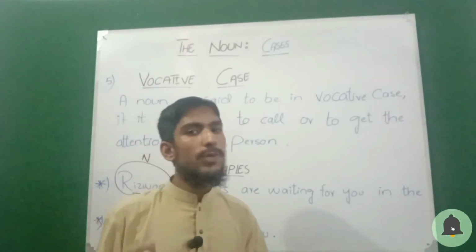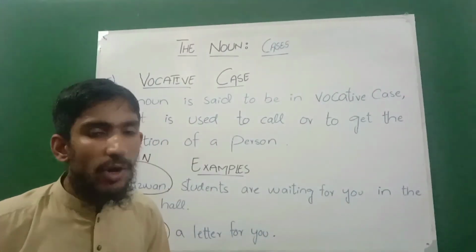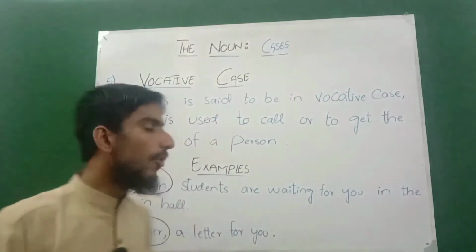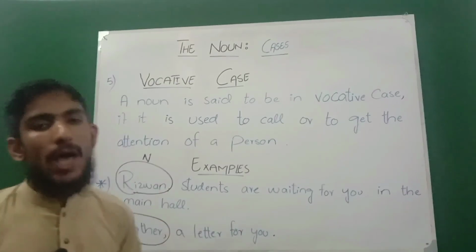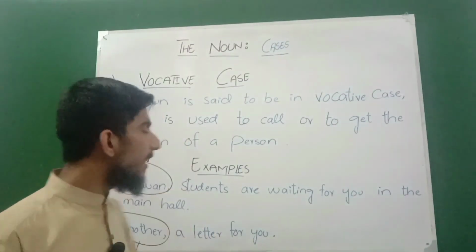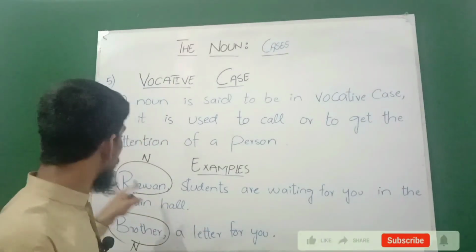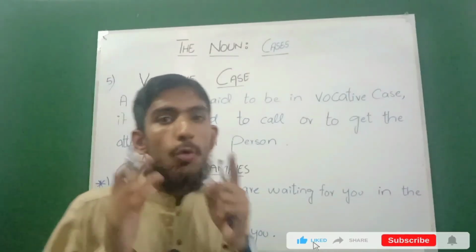So what is the vocative case? We have learned a noun is said to be in the vocative case if it is used to call or to get the attention of a person or a lot of persons. For example, Rizwan, students are waiting for you in the main hall. In this example, Rizwan is a noun and attention or a call is given to Rizwan. So Rizwan is in the vocative case.